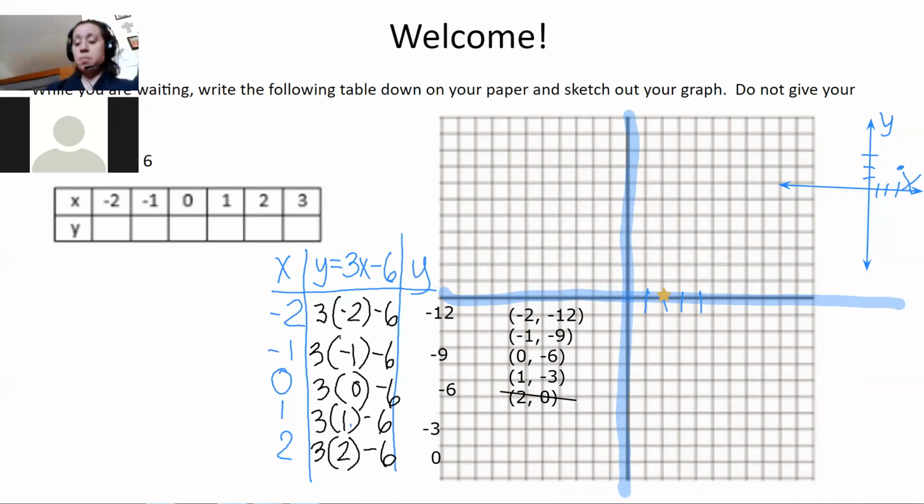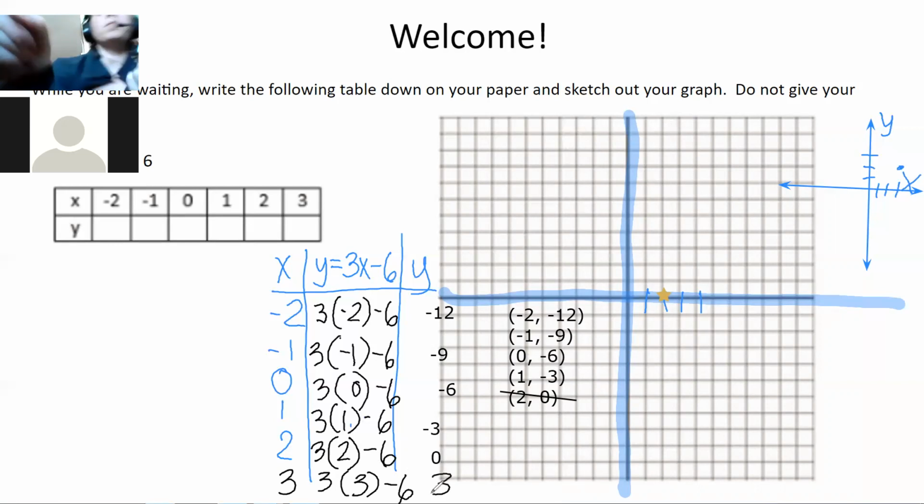Okay, yeah, we can put that on there. If X was 3, what would we get? Yeah, we would get 3. Good job. So you can graph 3, 3.